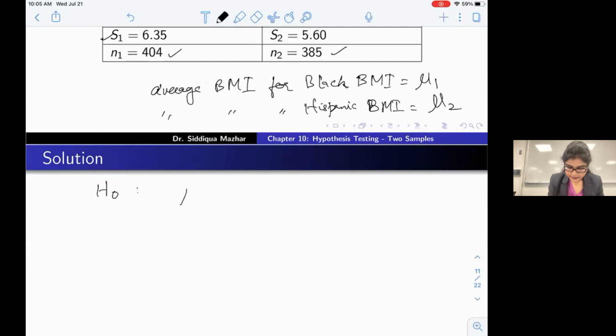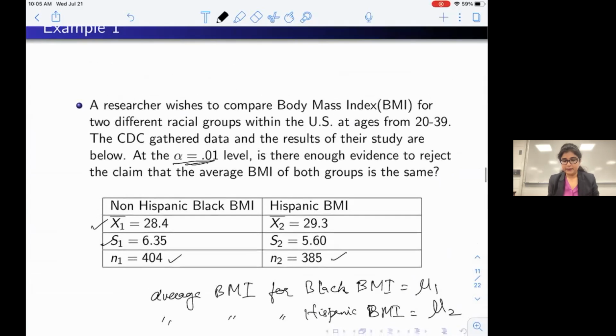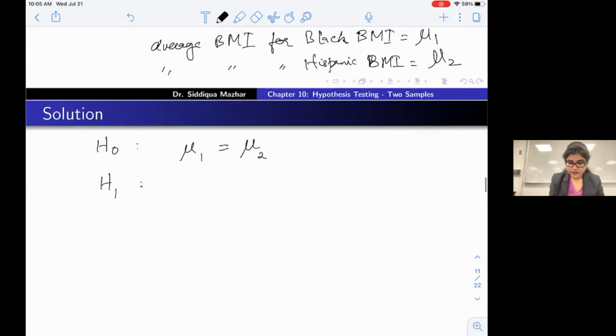It means mu1, the average BMI for Black Hispanic, is equal to mu2, the average BMI for Hispanic people. The alternating hypothesis is that both BMIs are not the same, or we are going to reject this claim. So the alternating hypothesis is that their average BMI is not the same for both groups.